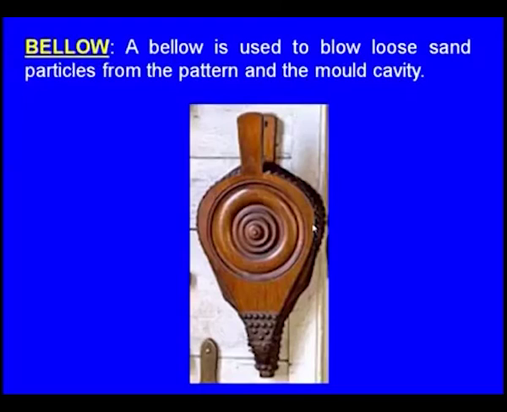If we try to remove them manually, the cavity will be destroyed and its shape will be changed. That's why we use these bellows. With these bellows we blow air where there are loose sand particles, and they are thrown out by the air. So this is the purpose of the bellow.